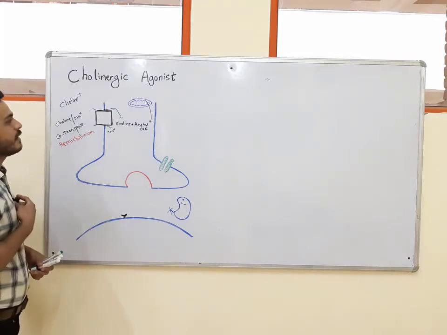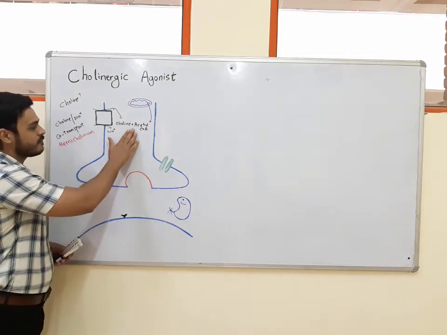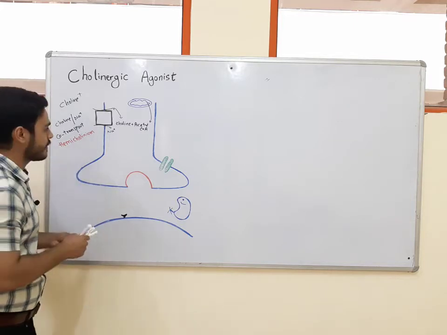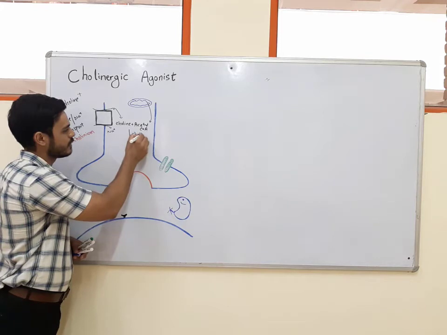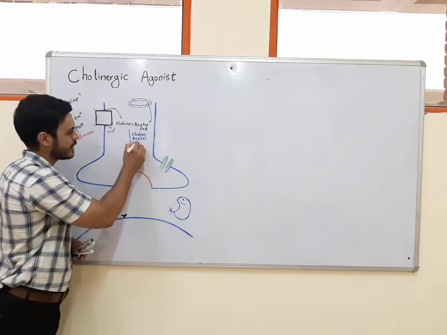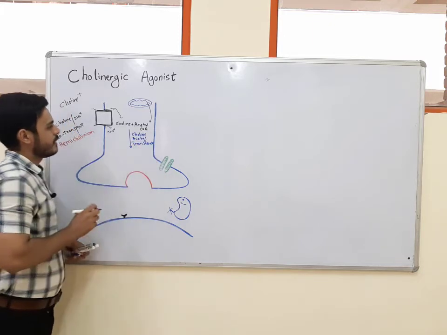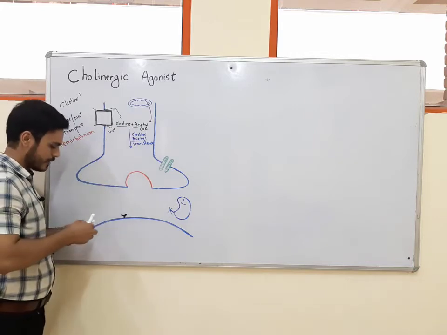The second step for synthesis of acetylcholine is by the help of one enzyme which is choline acetyltransferase. From these 2 substrates, we make acetylcholine.